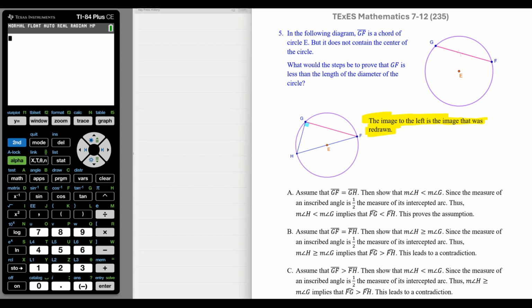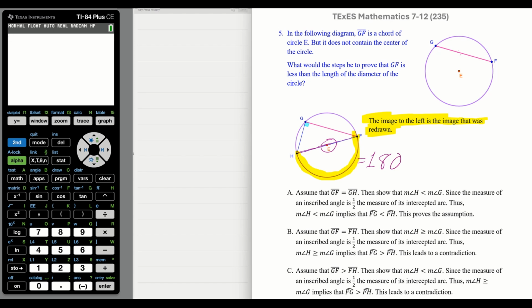So you know that this diameter with this E, let's think about this. You know that's half the circle. A diameter bisects the circle into two equal halves. So you know this arc length right here, that guy right there is equal to 180.